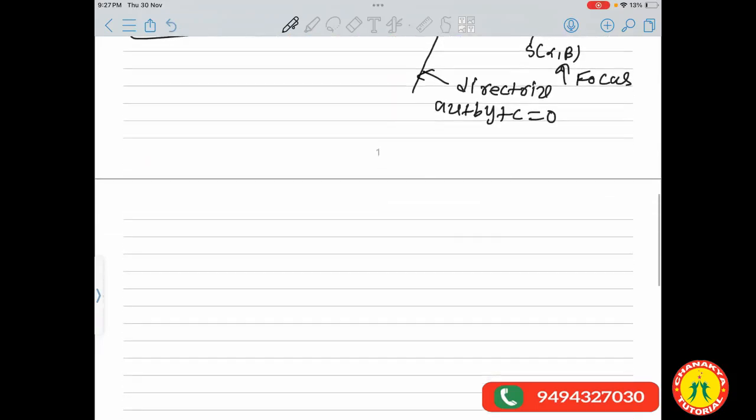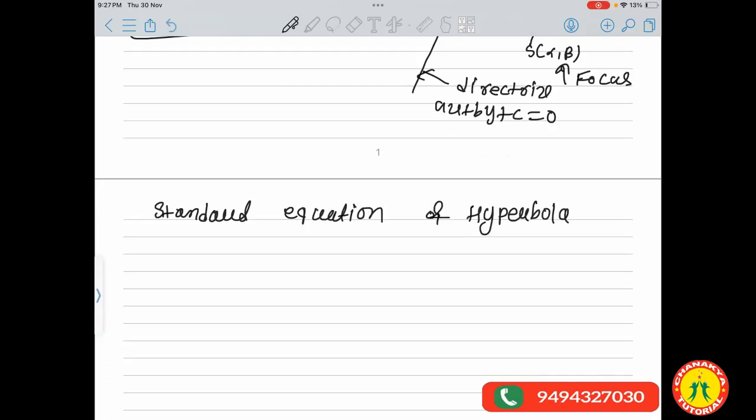So now a standard equation of hyperbola: x²/a² minus y²/b² is equal to 1, where b² is equal to a²(e² minus 1).